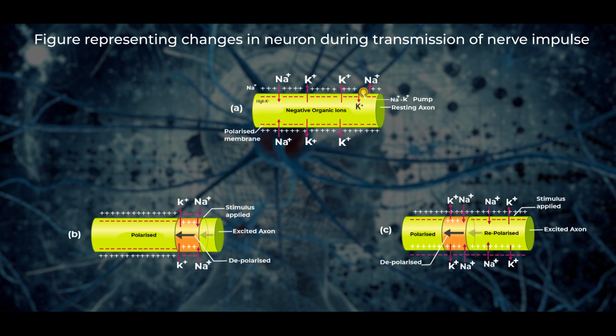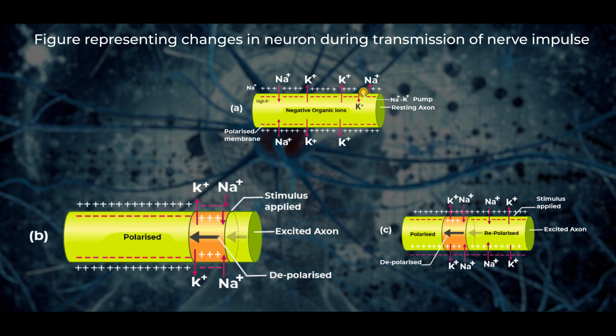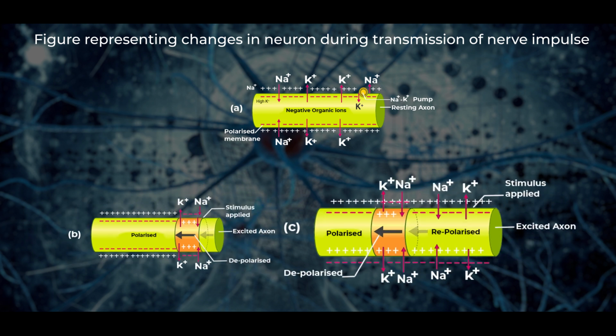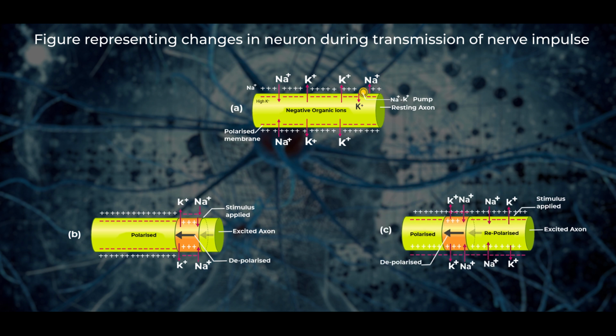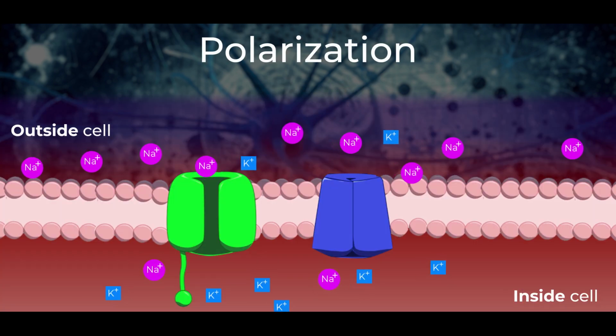Then the second figure, B, talks about both polarization as well as depolarization. And the third figure, C, talks about all three steps: polarization, depolarization, and repolarization. Now we are going to start with the first step, polarization.